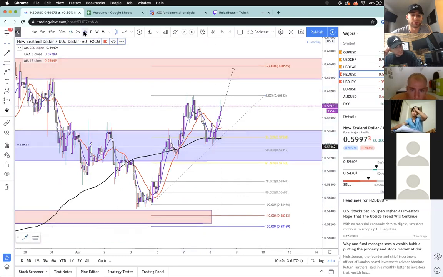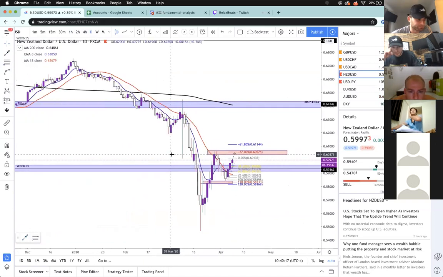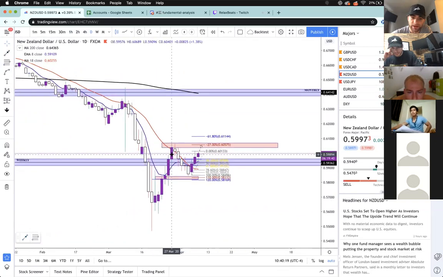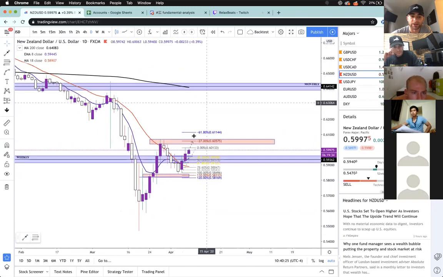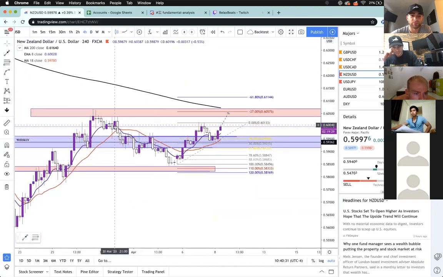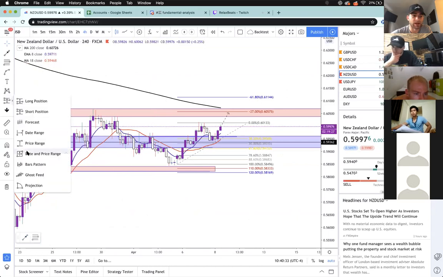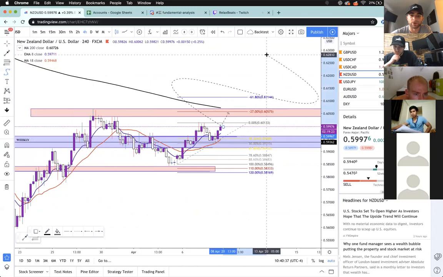Let's go back up to the 4 hour and ultimately up to the daily. And once we re-enter that zone on the daily time frame, we really need to break above that to go long on this. But on this 4 hour, very similar to how I had marked before, we're going to be patient.